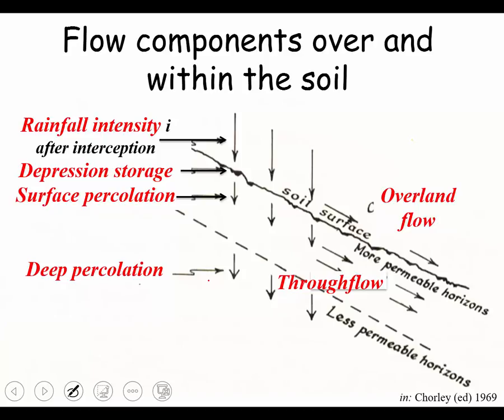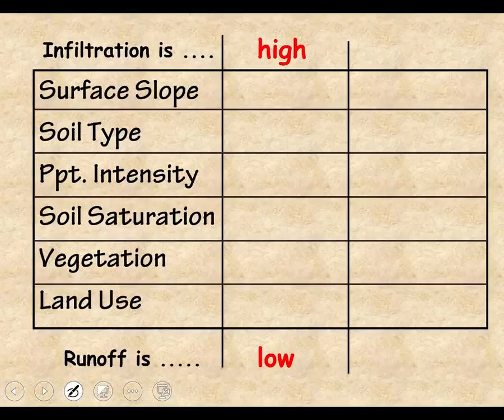So recognize that the simple-minded view is rainfall minus infiltration is equal to runoff. But that little formula is rather more complicated because of different things that impact that.